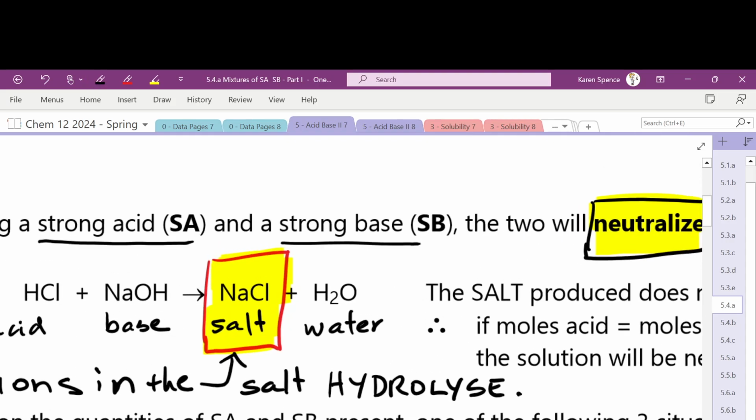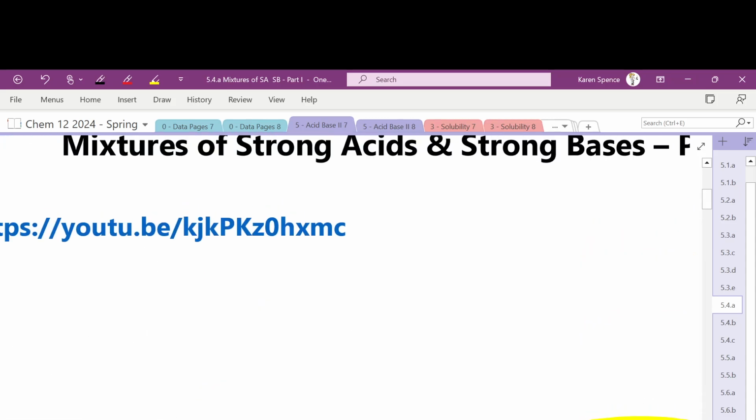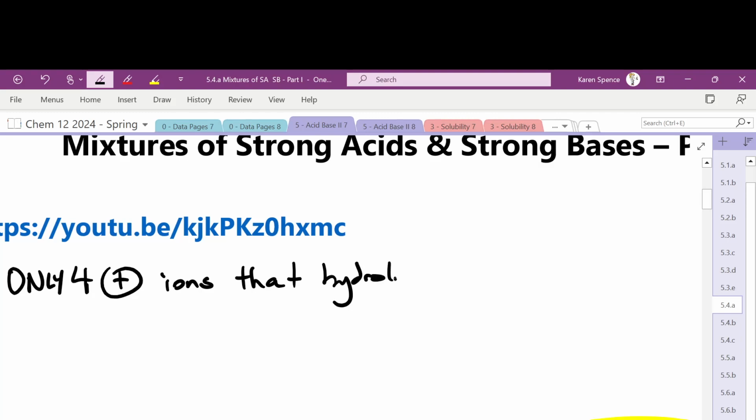Now, in this particular case, what do you know about Na+? Does Na+ hydrolyze? No. What are the 4 positive ions that hydrolyze? There's only 4. The only 4 positive ions that hydrolyze are ammonium, not ammonia, just ammonium, because ammonia is a compound in and of itself.